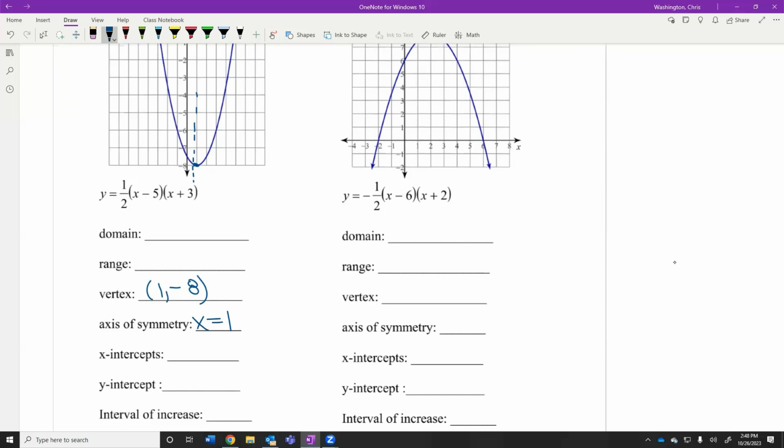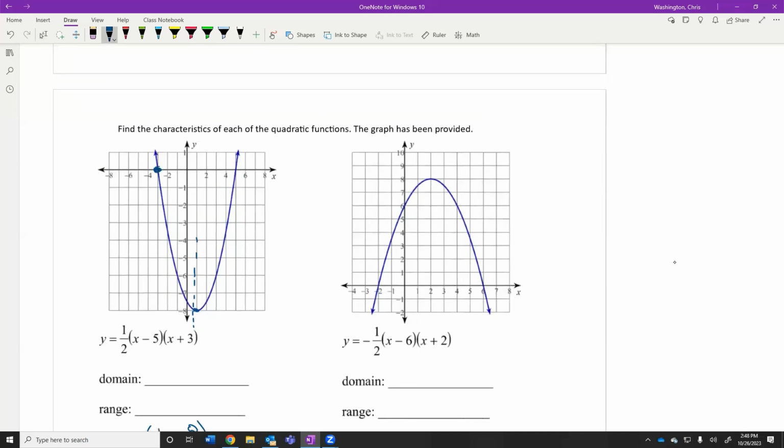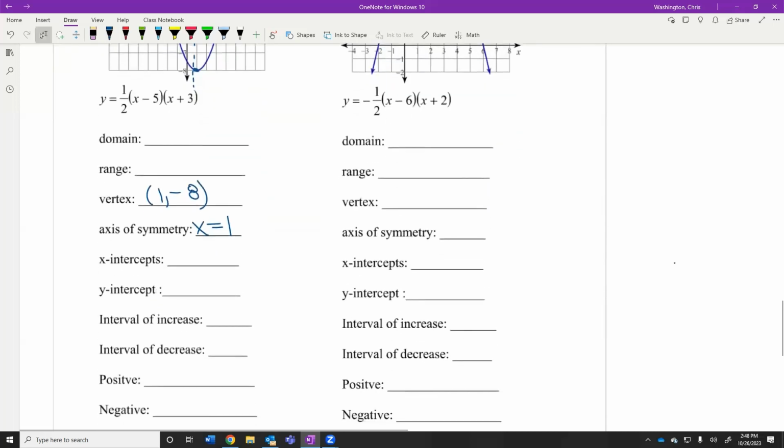The x-intercepts are where the graph crosses the x-axis. The graph crosses the x-axis in 2 places, -3 and +5. So we can write x equals -3 or -3, 0. And we can write x equals 5 or 5, 0. You can write either one of those.